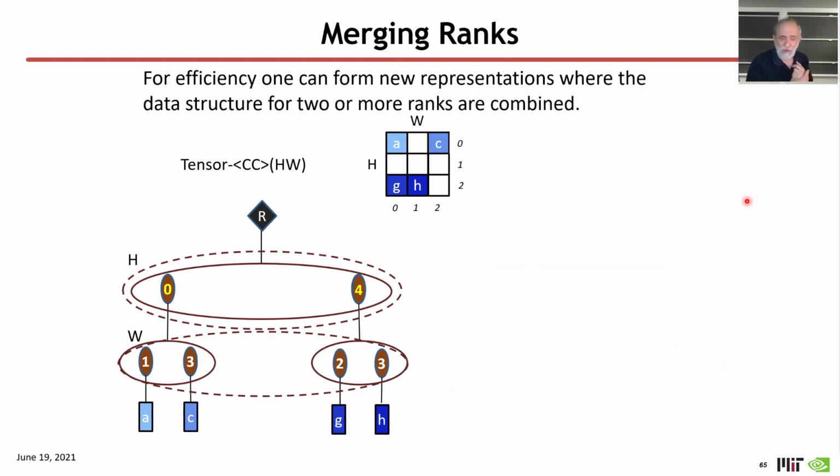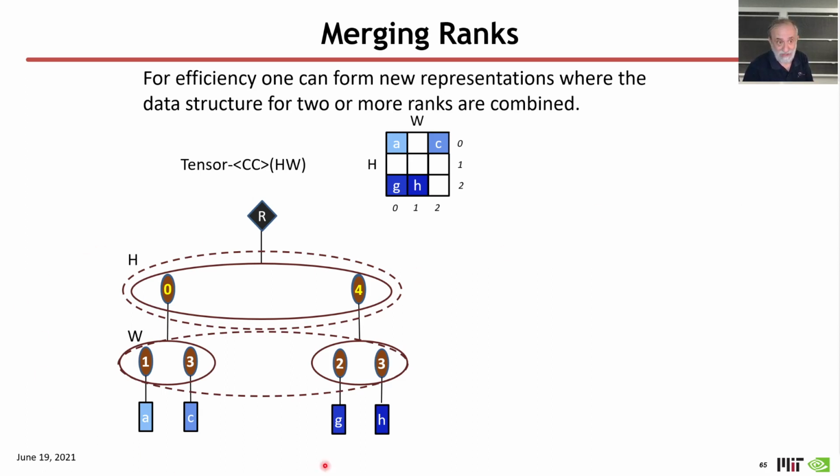Another operation that I can do is I can merge ranks. So for efficiency, one might form a new representation where the data structure for 2 or more ranks are combined.